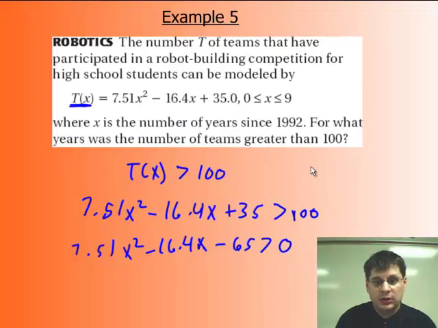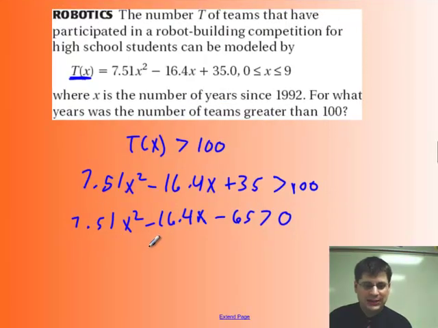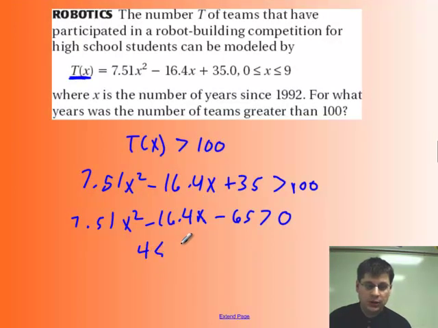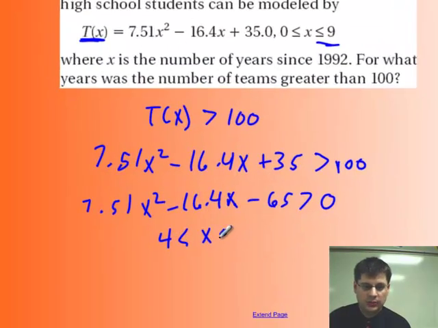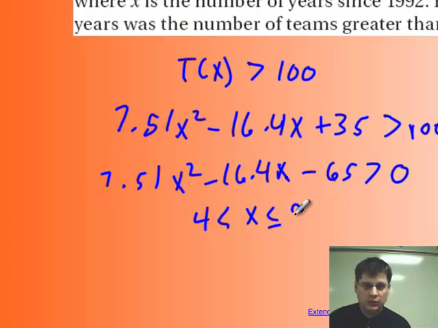So our solution is going to be less than 4 years, I'm sorry, greater than 4 years, but we have that restriction at 9, so it's going to be less than or equal to 9.